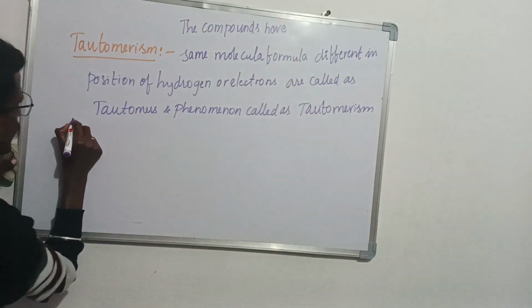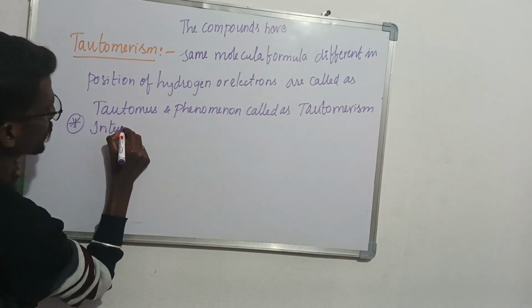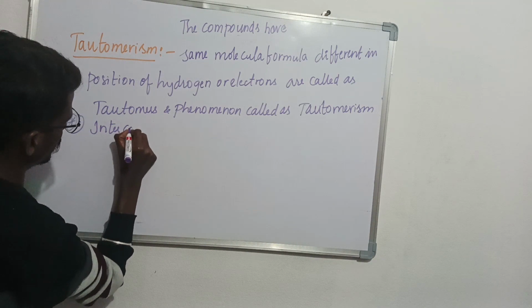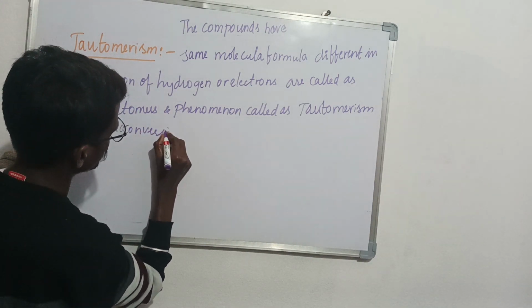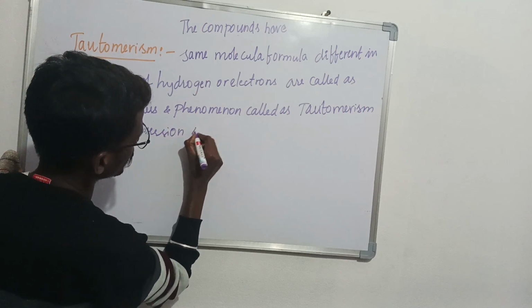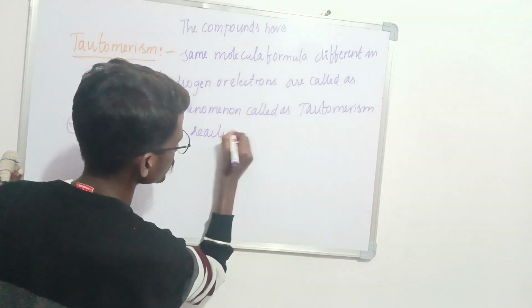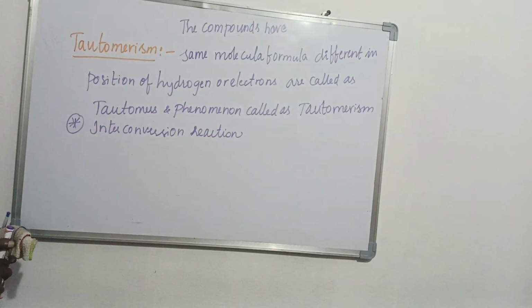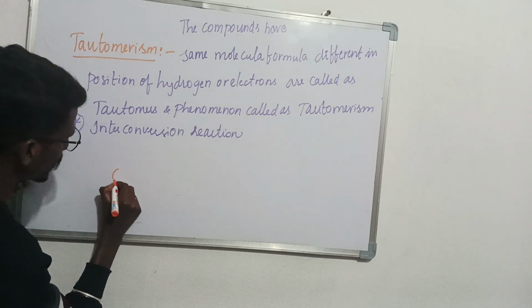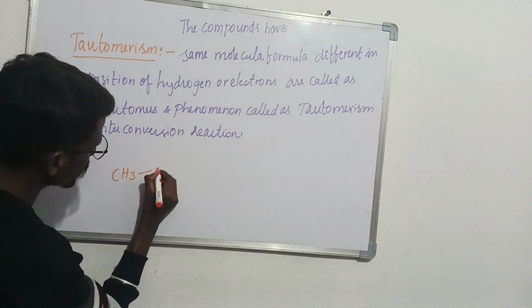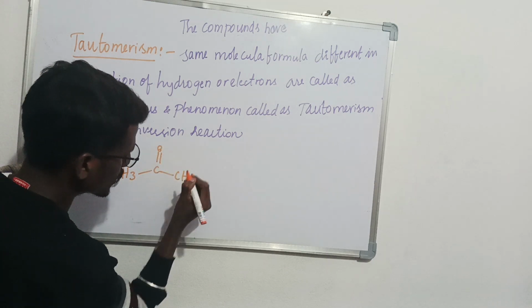Tautomerism is the most important one. It is an interconversion reaction. For example, take this ketone, CH3 C double bond O CH3.